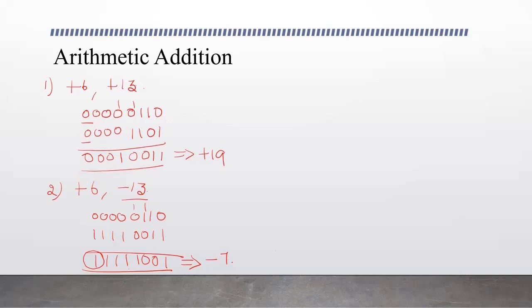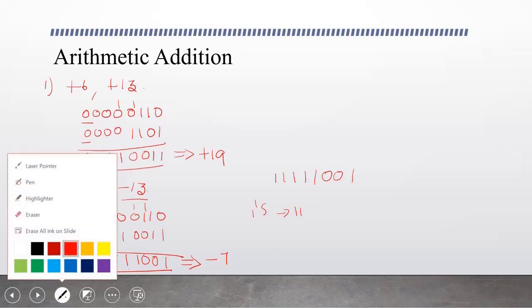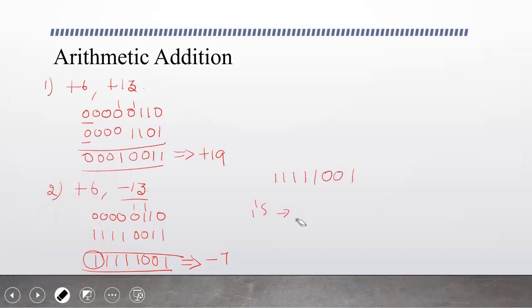To check it, let's again find the 2's complement of this number. We need to get plus 7. So 1 1 1 1 1 0 0 1. The 1's complement is 1 1 0 0 0 0 0 1 1 0.